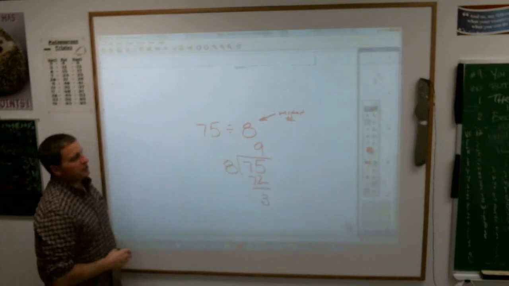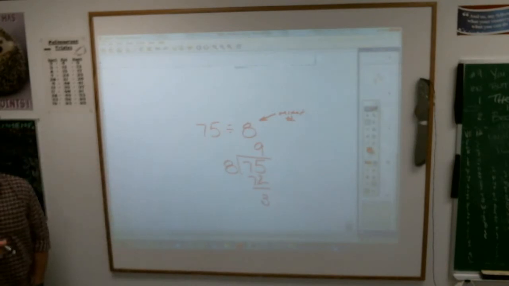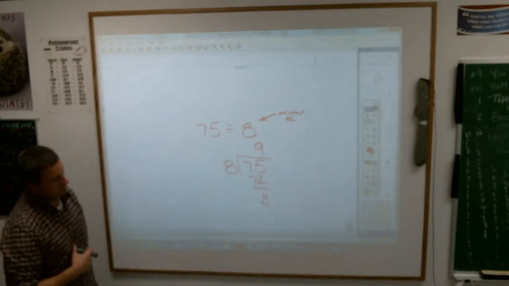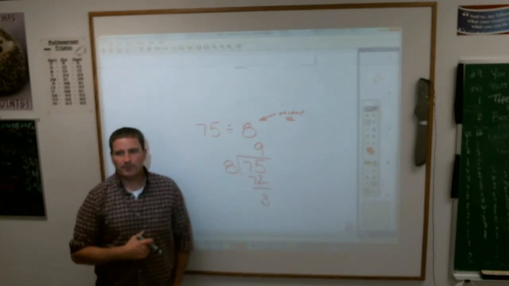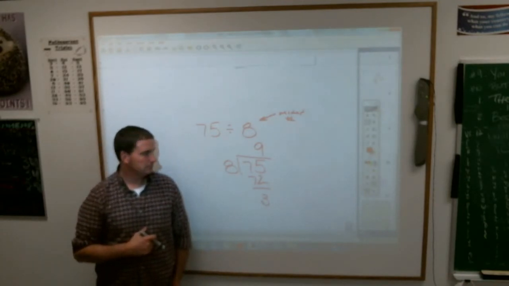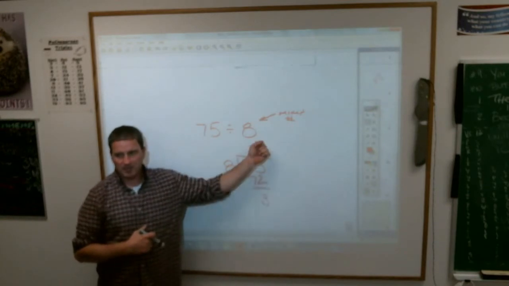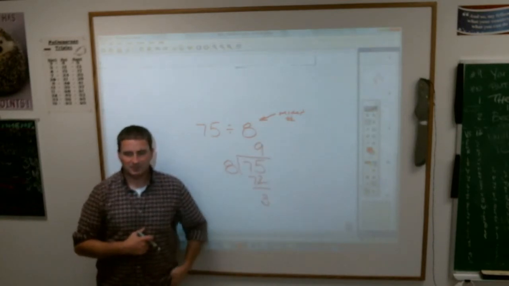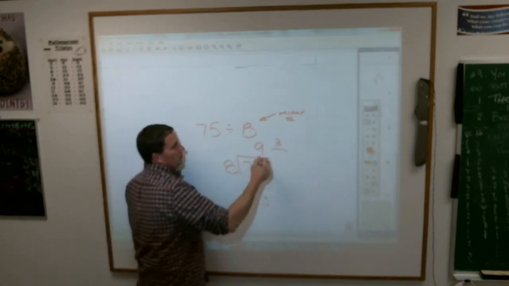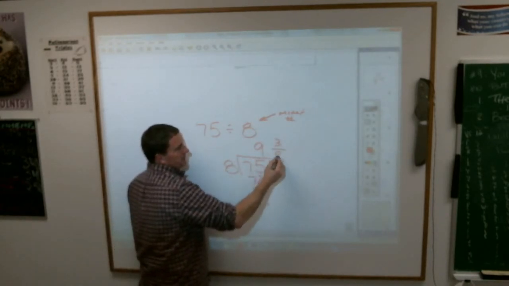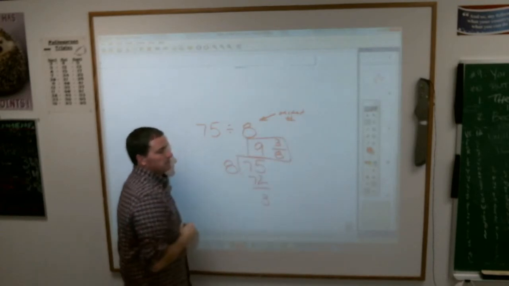What is my fraction that I have left? I have 9 as my whole number. What fraction? 3 eighths. There you go. Remainder over divisor. 9 and 3/8.